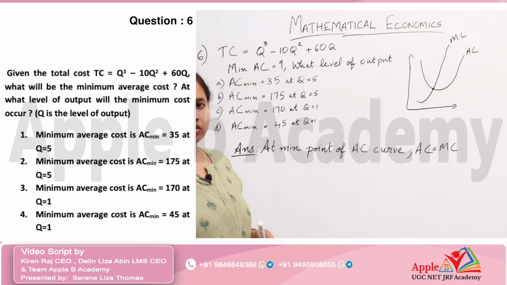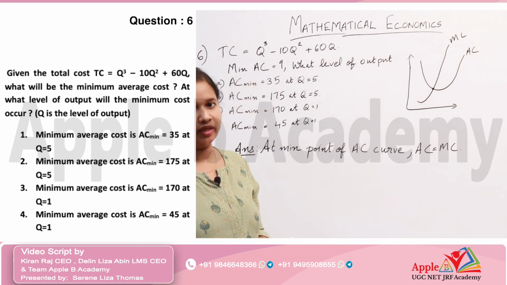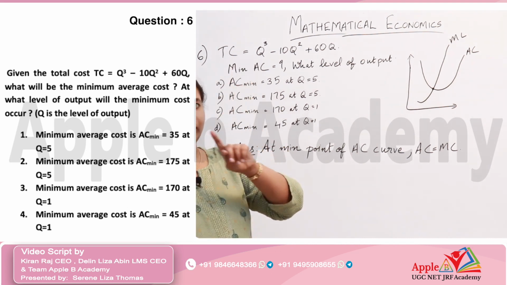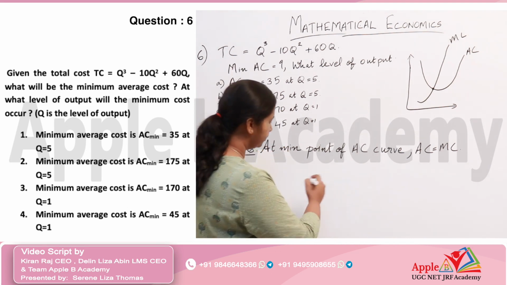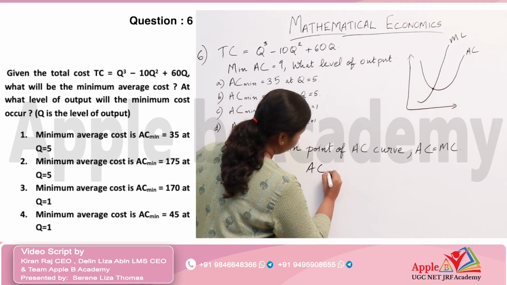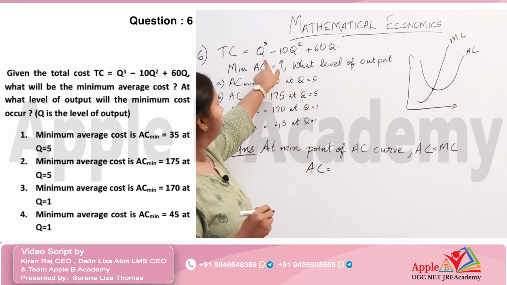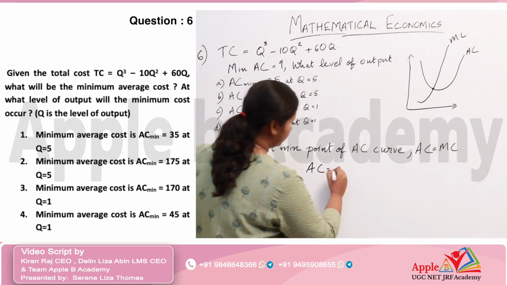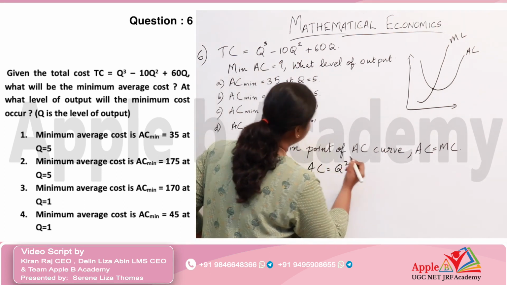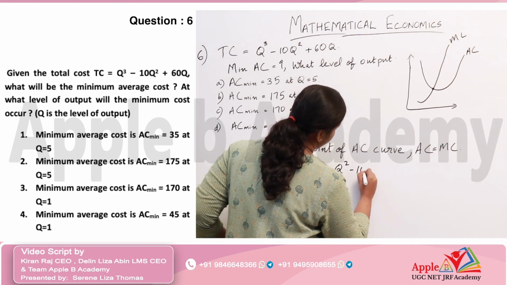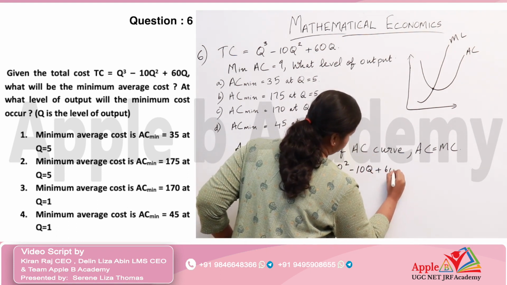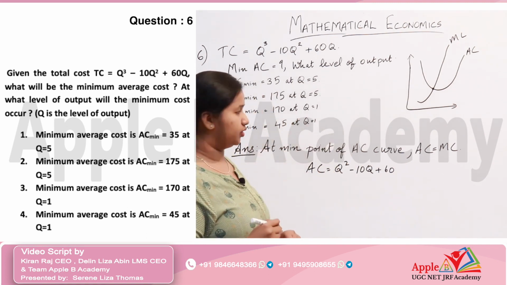Average cost is equal to TC by Q. Dividing this equation throughout by Q, you get q square minus 10q plus 60. So this is the average cost.